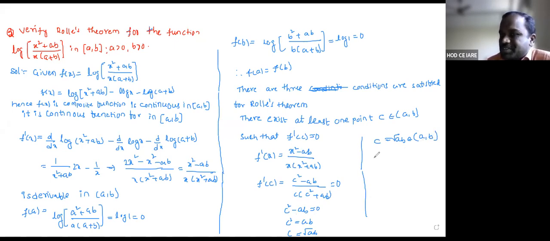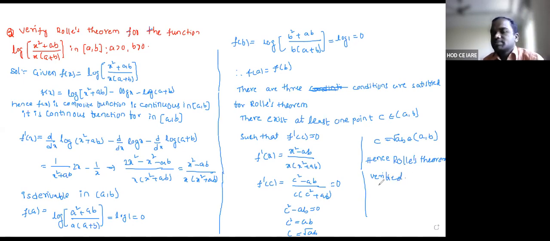So Rolle's theorem is proved, or verified. Hence, Rolle's theorem is verified. Right?